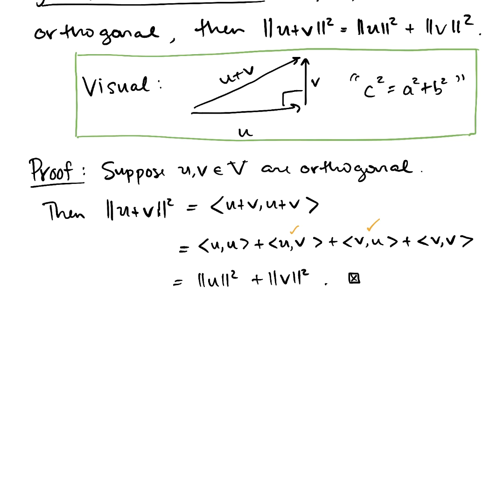So this is a geometric statement, but it's happening in a very abstract place. And it follows simply from the properties of the inner product and the definition of norm in terms of the inner product. So that's nice. We have a Pythagorean theorem.